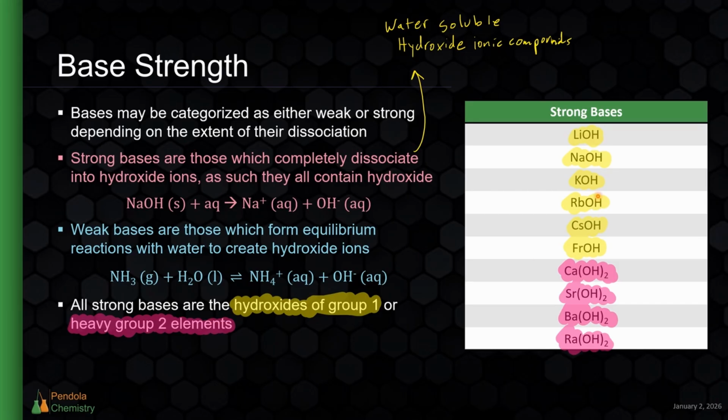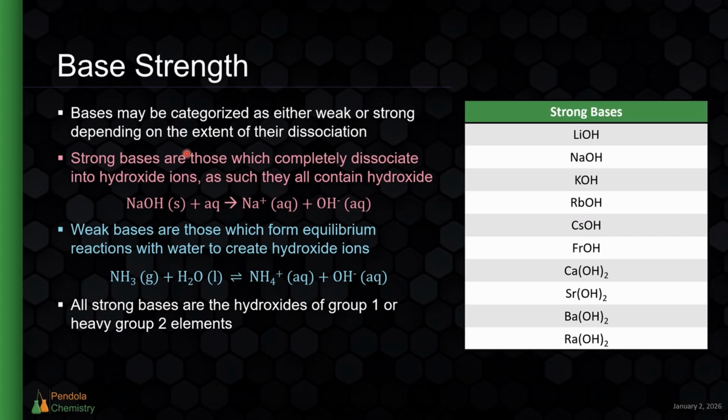So these are the base strengths. If it's one of these, it's a strong base. So if it's a group 1 hydroxide or a heavy group 2 hydroxide, calcium and below, it's a strong base. And if not one of these, then it's going to be a weak base, usually something with nitrogen in it, a covalent compound with nitrogen in it.